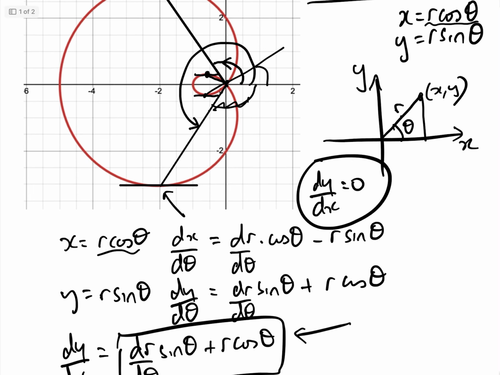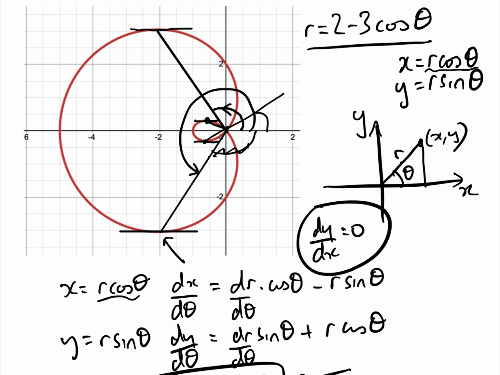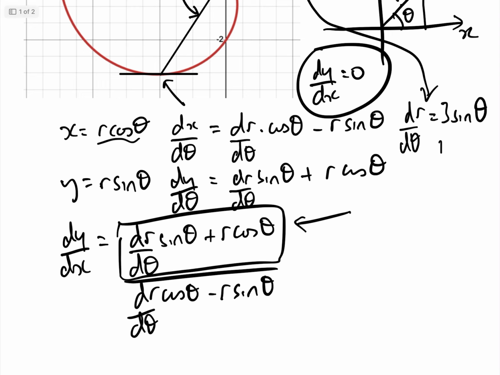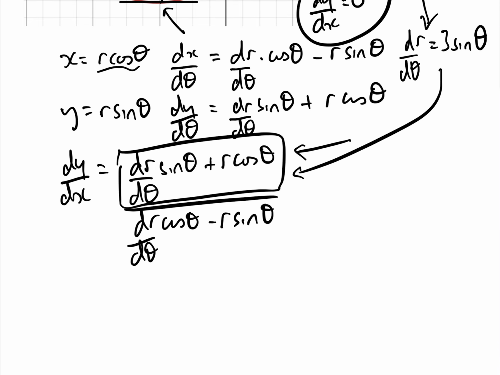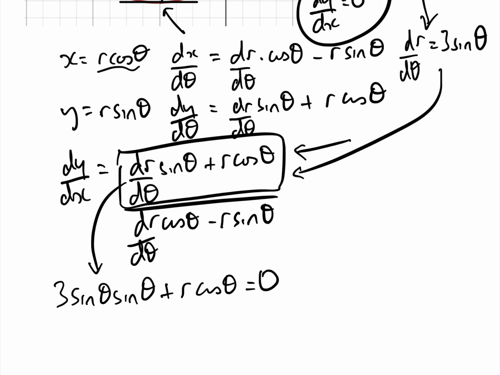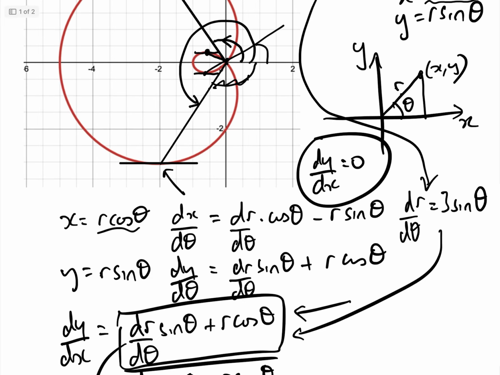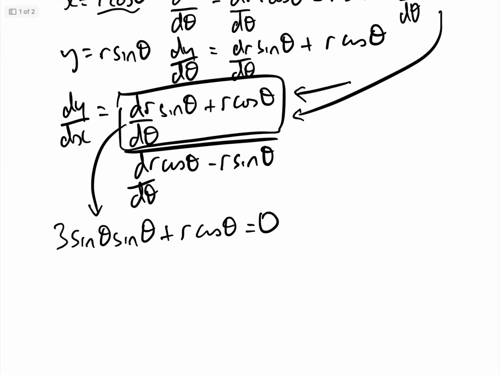Now we know from up here that r equals 2 minus 3 cos theta, so dr/d theta is 3 sin theta, and we can plug that in. So we need to find when 3 sin theta, times sin theta, plus r cos theta equals 0, and r is 2 minus 3 cos theta.